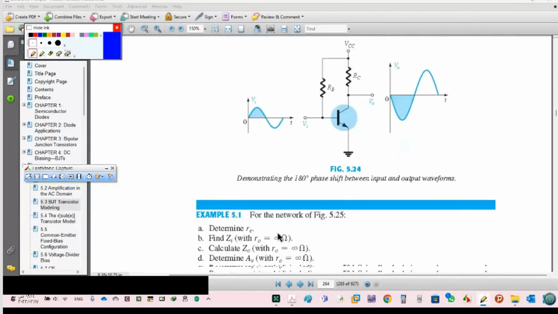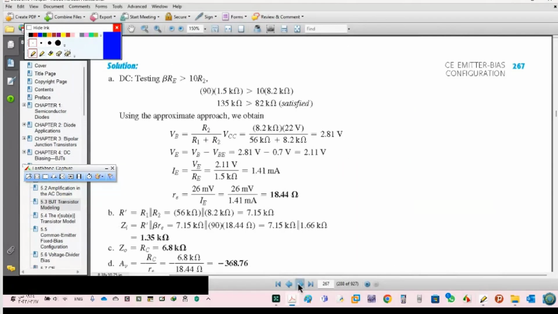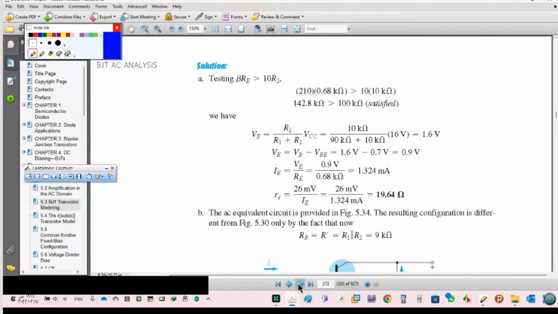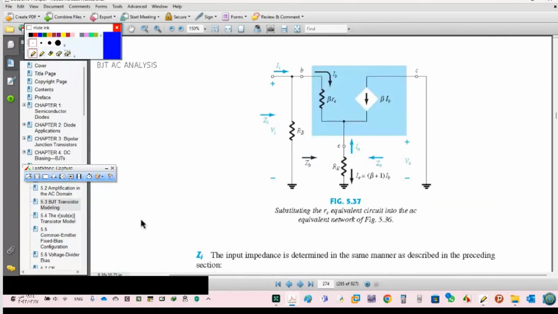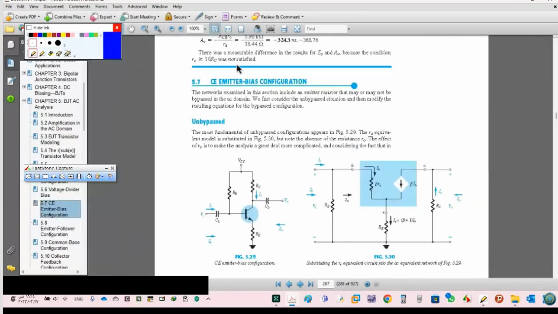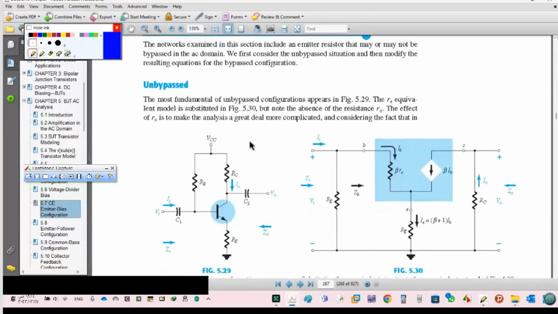Now let's go to the common base. In common base here we have two cases, unbypassed or bypassed.